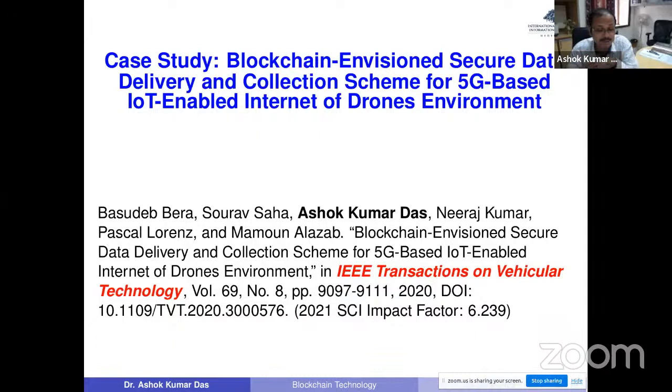This is one of the very interesting works where we have used blockchain technologies not only for secure storage purposes.